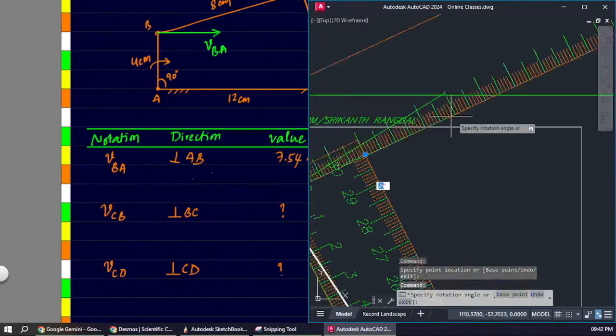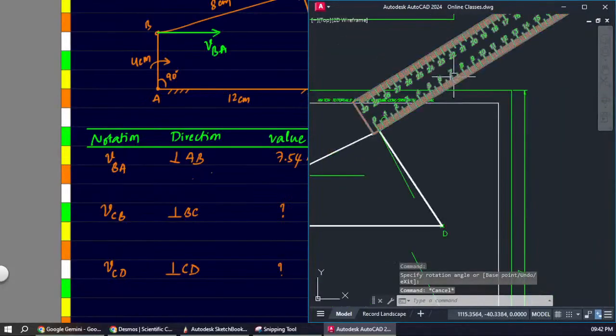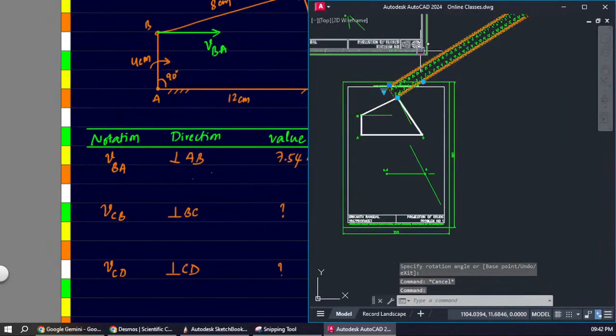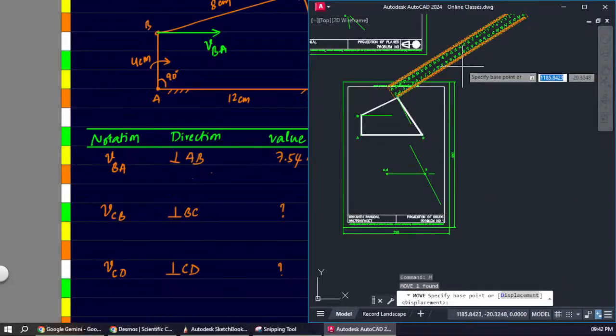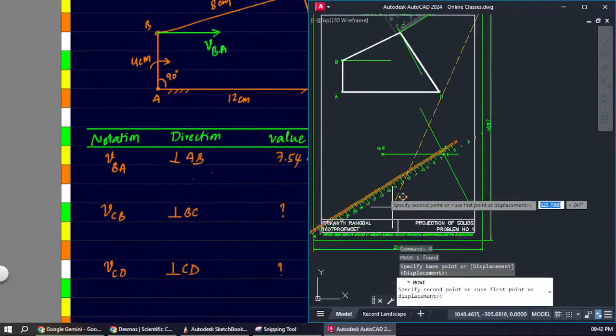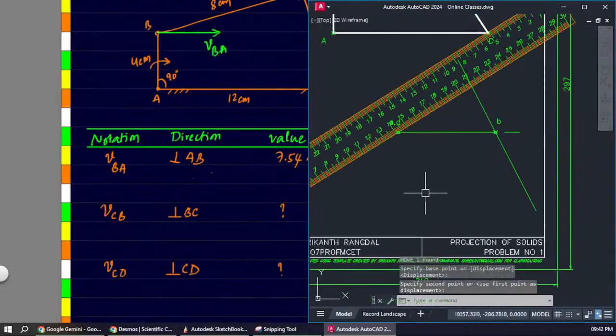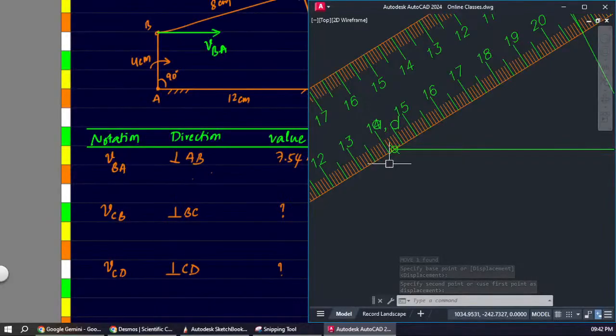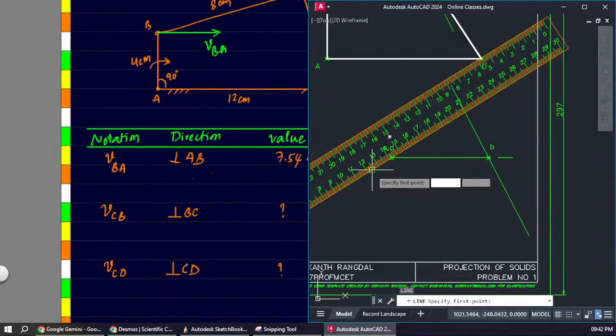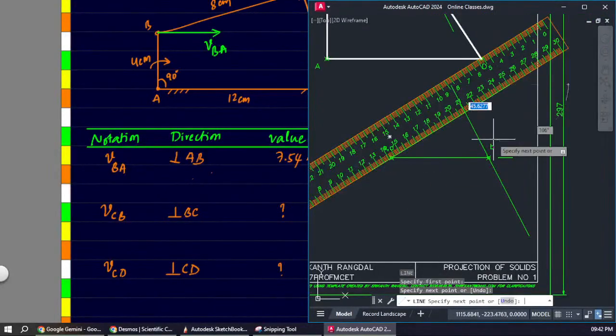So take your roller scale, keep it parallel to this, then roll it so that it passes through A, or D, both our points are lying here. Once you have this, draw a line like this.